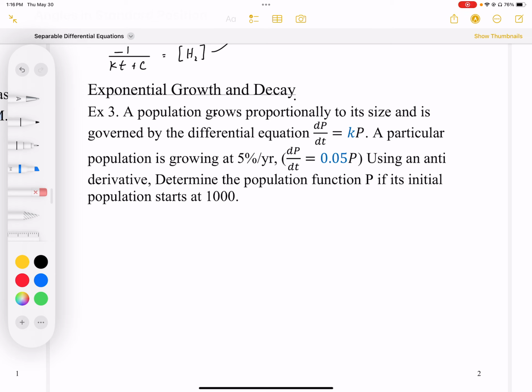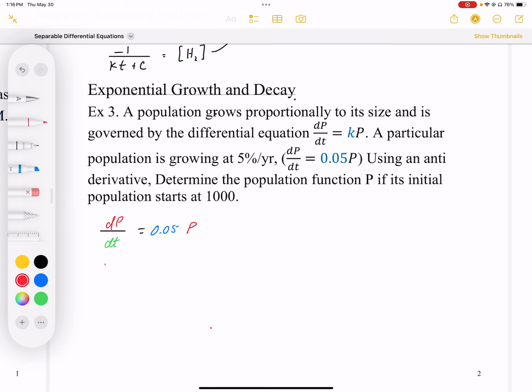So we're going to set up this equation. So we end up with the change in population, dp over the change in time, dt, is equal to some constant 0.05 times p.